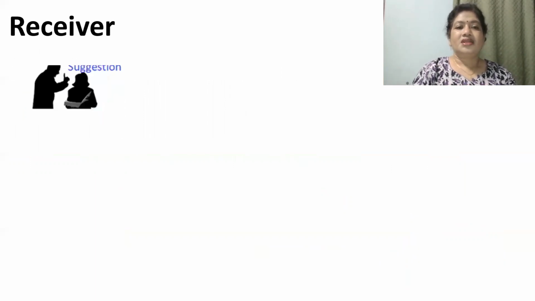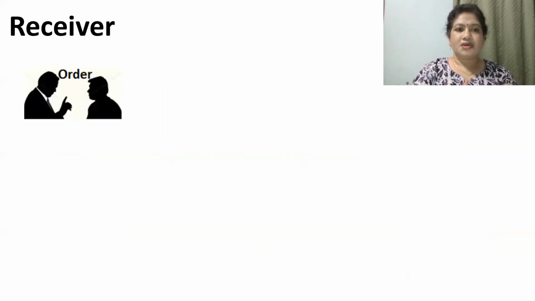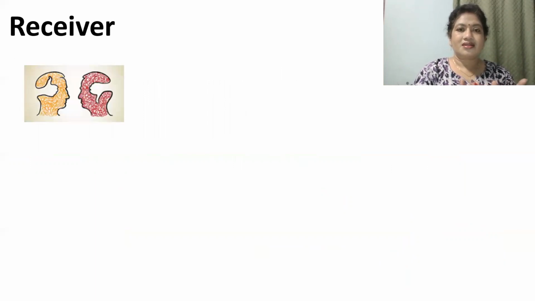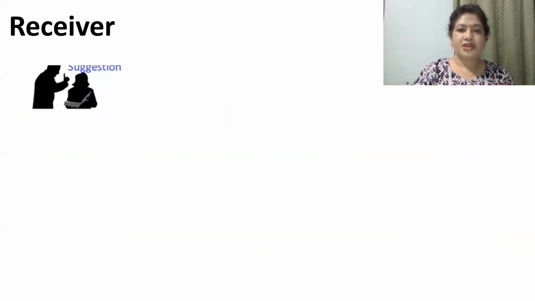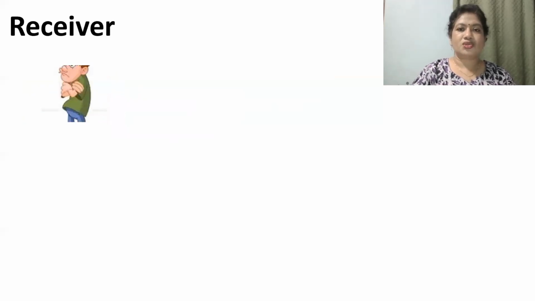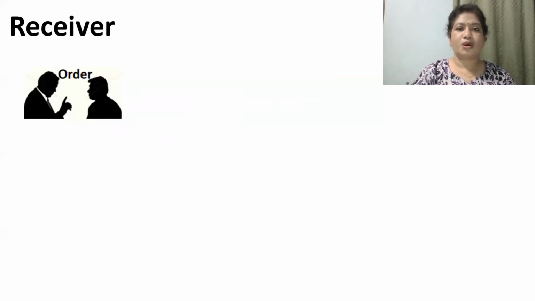Now comes receiver. Sender, you chose the medium. Now the receiver. The images that are going fast, they are the images from the sender. The sender is giving some opinion, the sender has got some attitude, the sender is angry, he's giving some order.